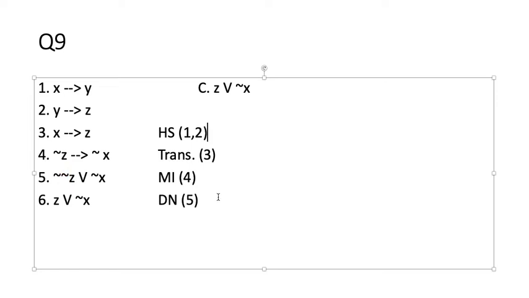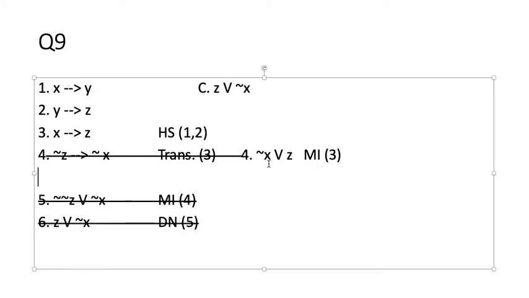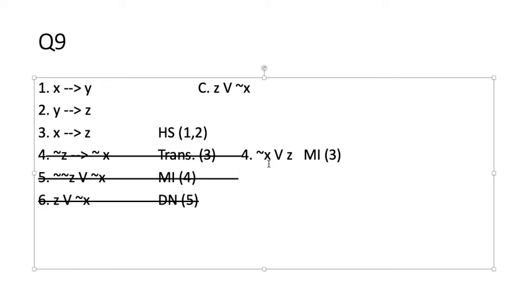Now, you might know that you could, instead of doing this, have just done material implication on line 3 to give me not X or Z. And then I'm just going to do commutativity to change the order of these.